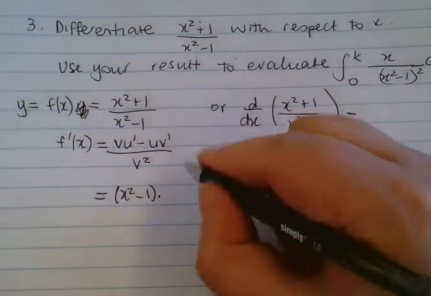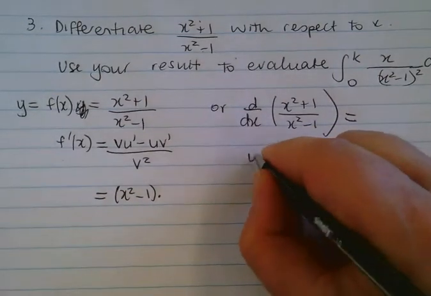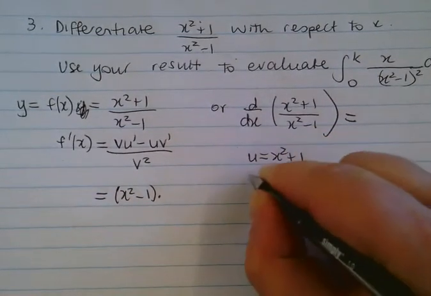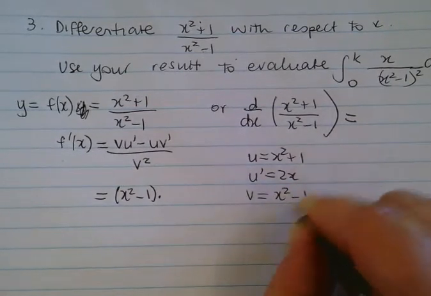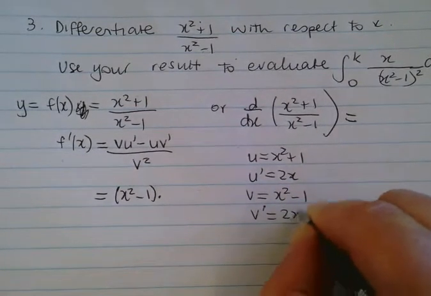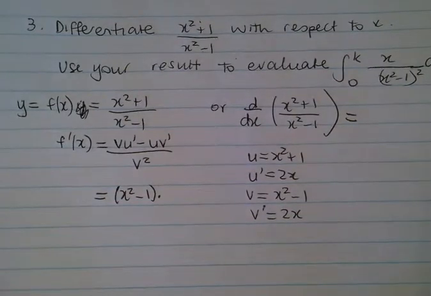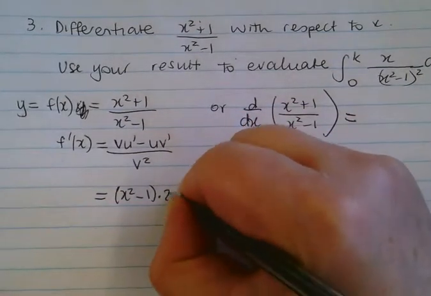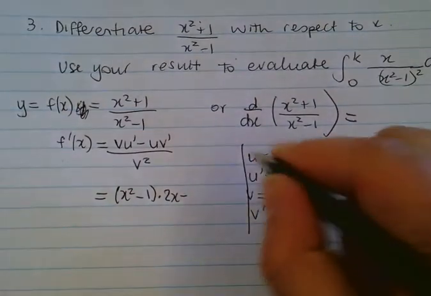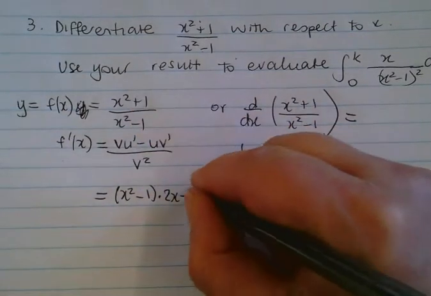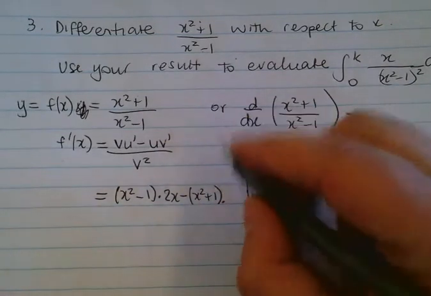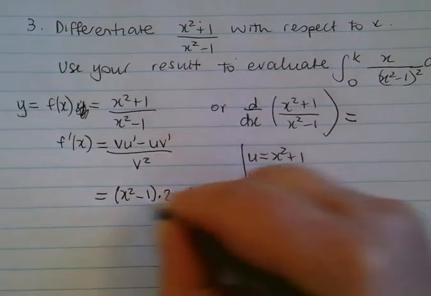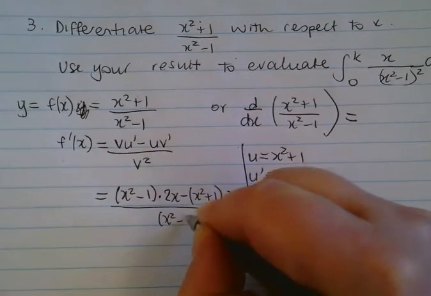U is x squared plus 1, so u dash is 2x. V dash is 2x. So v times u dash, 2x, minus u, x squared plus 1, times v dash, 2x, over x squared minus 1 squared.